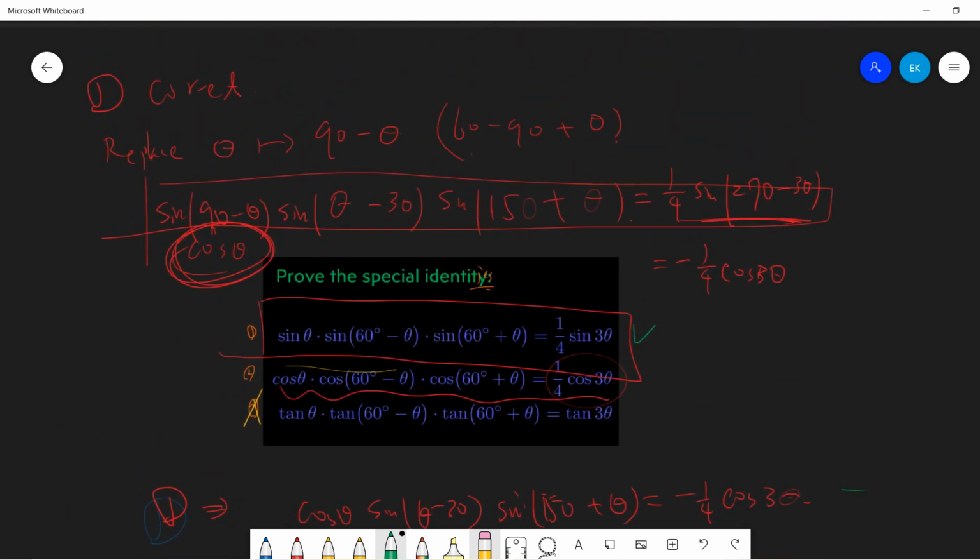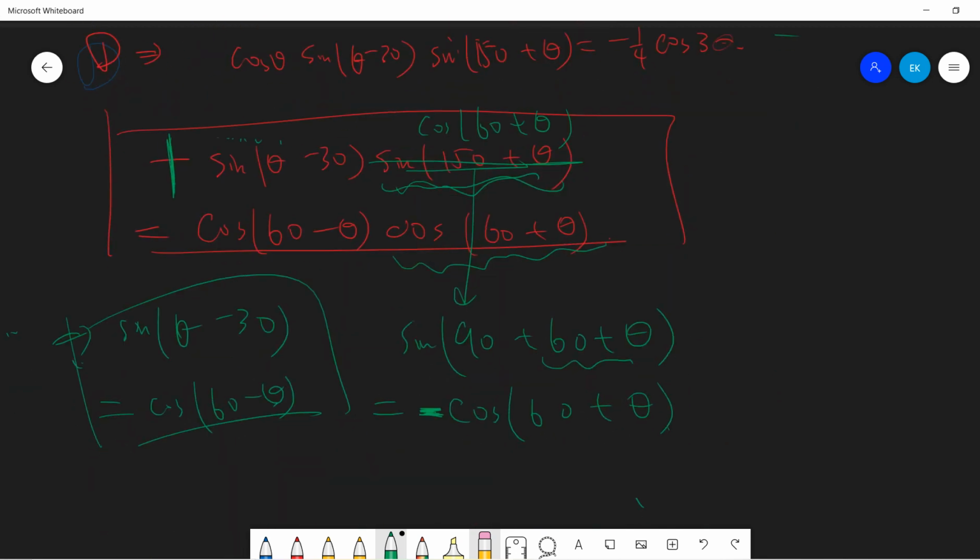Why is it 30? Let's see. 90 minus theta, so 60 minus 90. Oh, so this is plus. So we only need to prove that sine theta plus 30 equals cosine 60 minus theta, and then this is trivial, because you can check that for theta is 10 degrees. Sorry about this, this is positive.